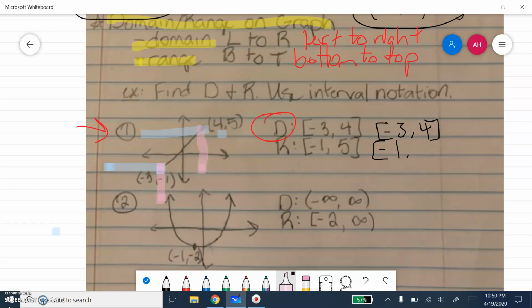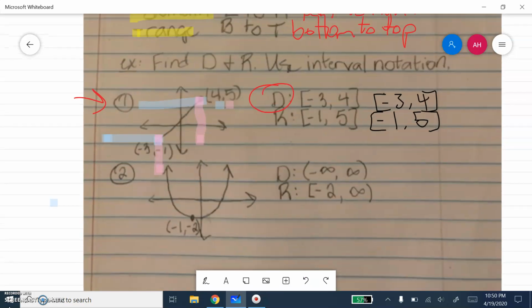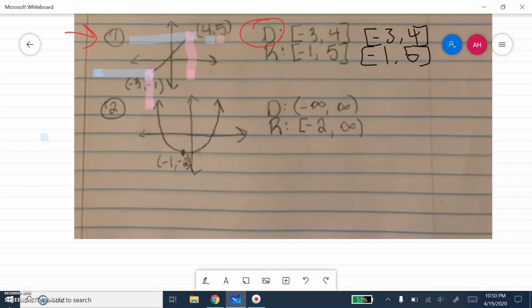So if we go up, it stops right there, which the y is 5, so we're stopping at 5, okay, and close the bracket. All right, so let's look at the next example, number 2.